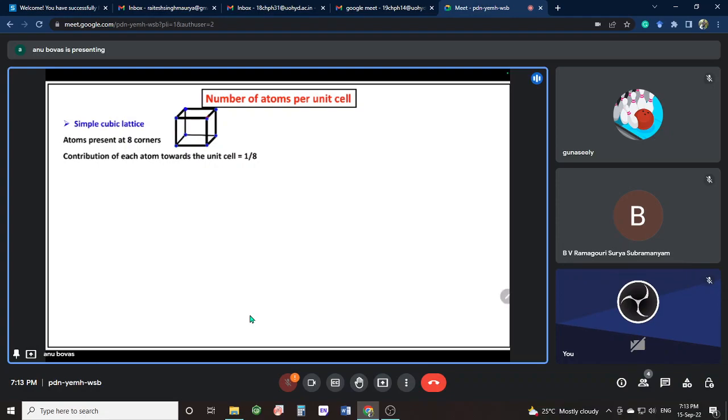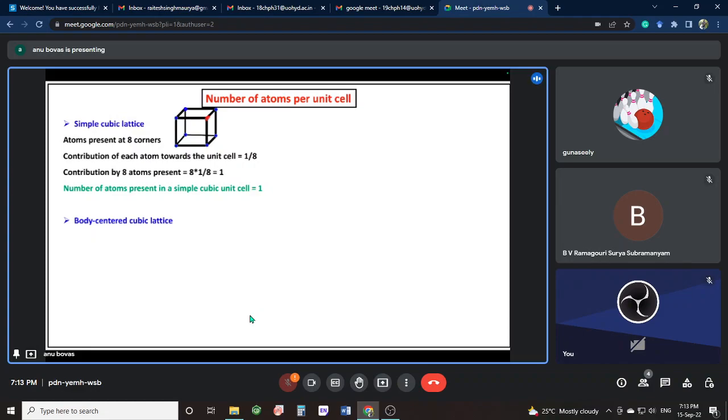So each corner is actually shared with 7 other cubes, meaning each atom is shared among 8 cubes. So the contribution of one particular motif will be only 1 by 8. So since there are 8 atoms at 8 corners and each contributes 1 by 8, the total contribution will be 8 into 1 by 8 equal to 1, and therefore the number of atoms present in a simple cubic unit cell will be equal to 1.